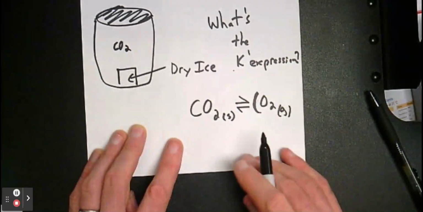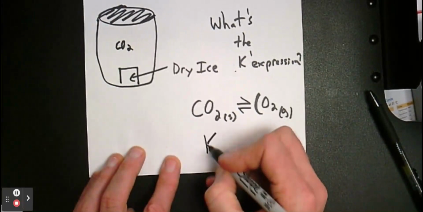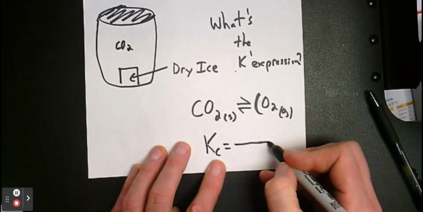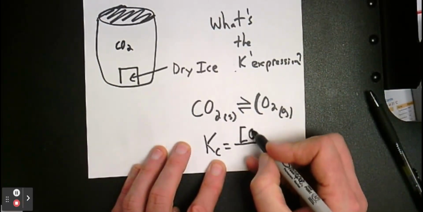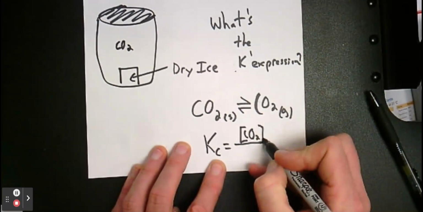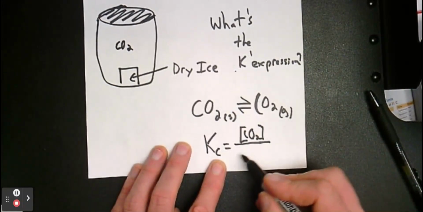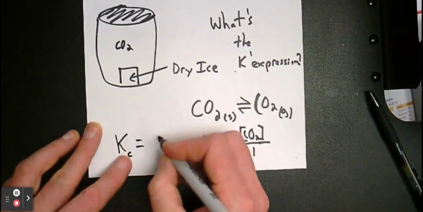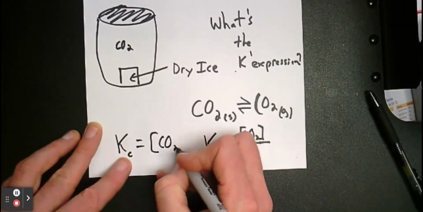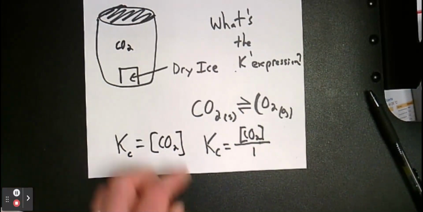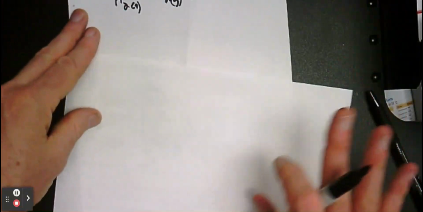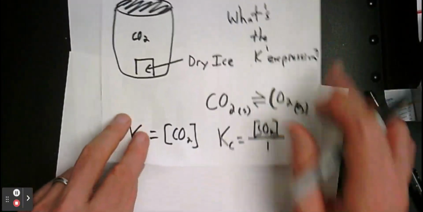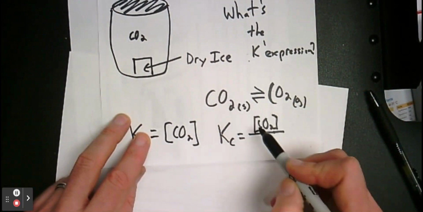So my Kc would be just the concentration of CO2 gas, all over 1, so that would just reduce to Kc is the concentration of CO2. The reason is because the dry ice is a solid, so it doesn't enter into the equation.